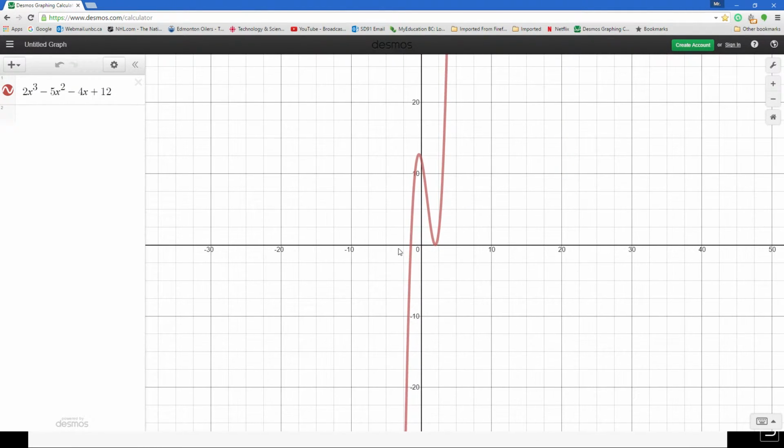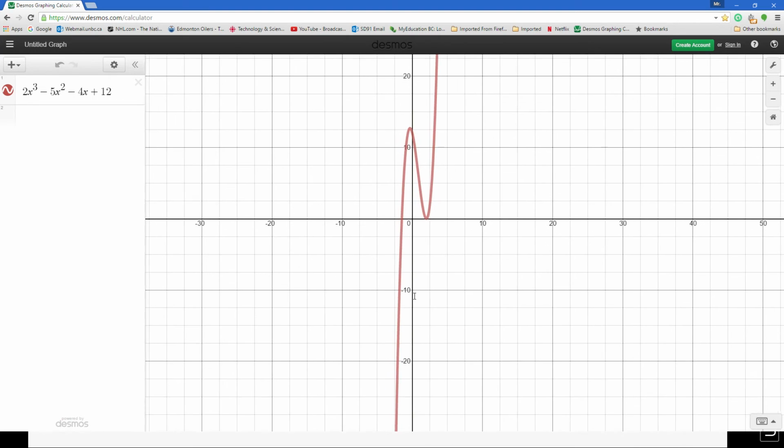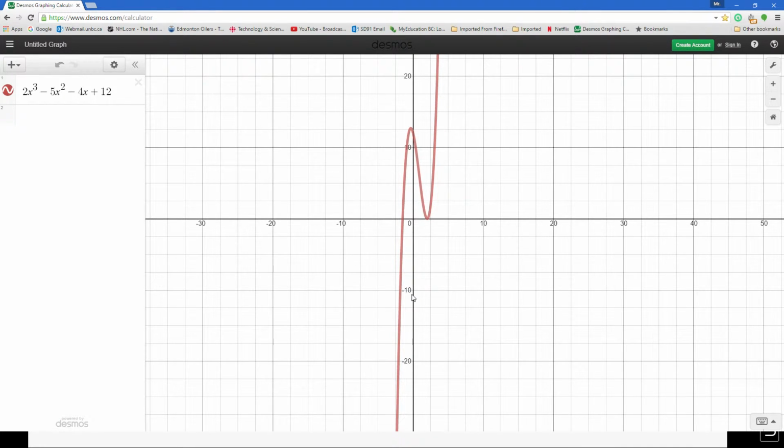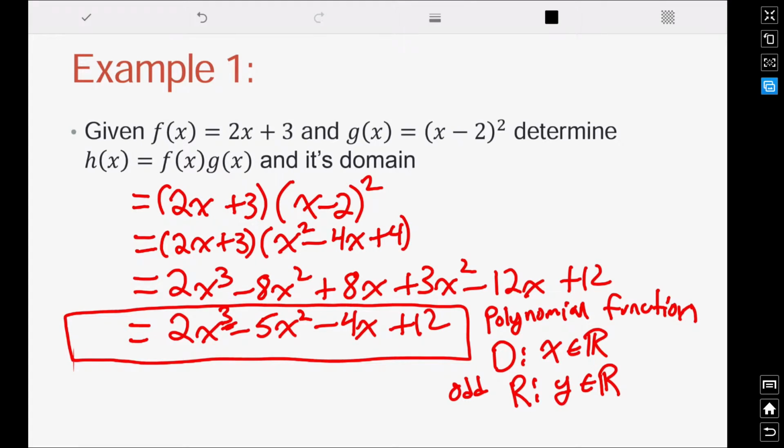And like all polynomials, it will exist for all values of x. There you go. That's how we multiply two functions together, and we can use that to help us determine what the domain is.